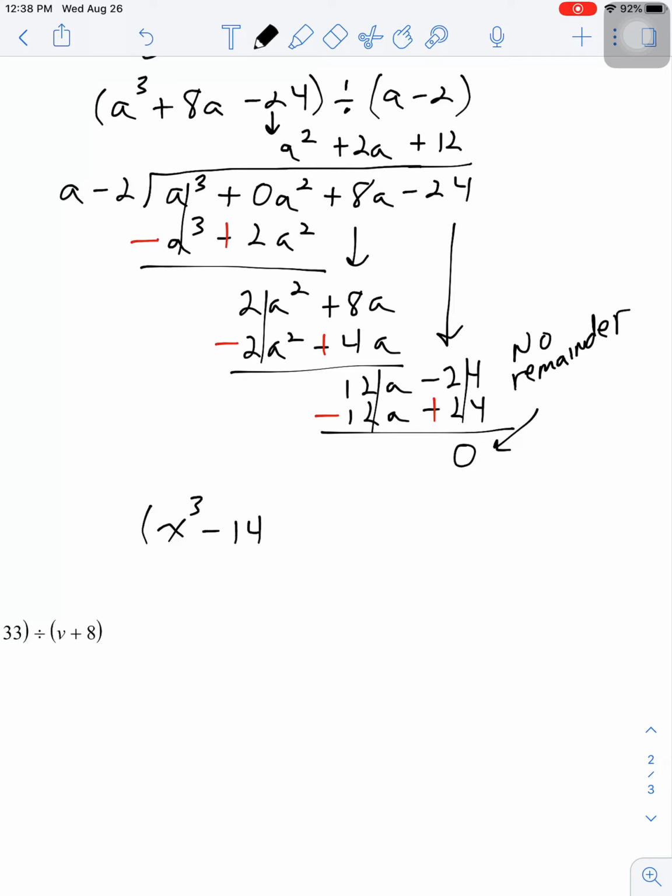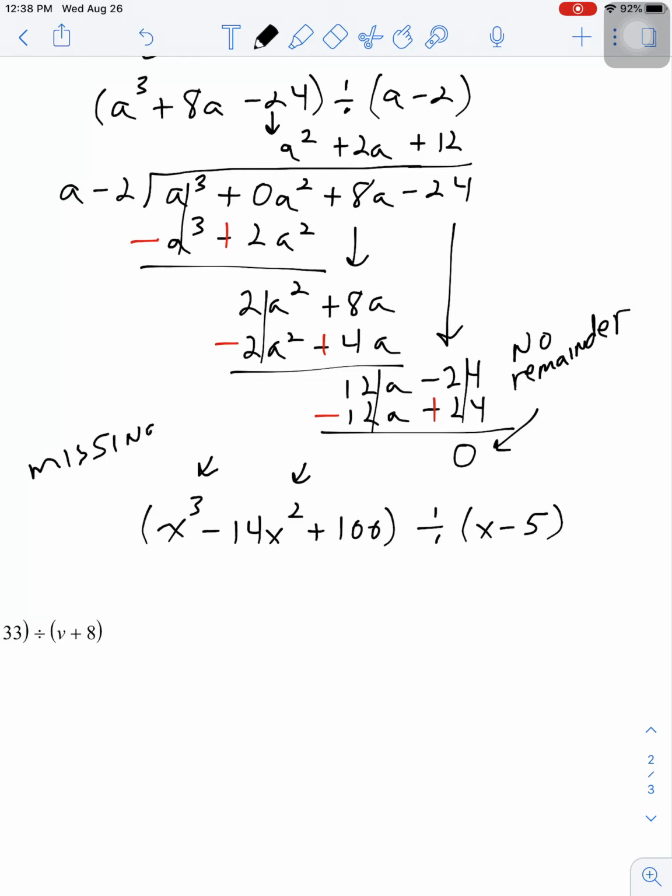We got x cubed minus 14x squared plus 100 being divided by the quantity of x minus 5. So again, before you start off, you want to double check. 3, 2, I'm missing the x.